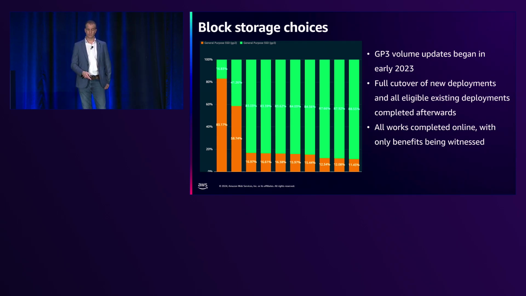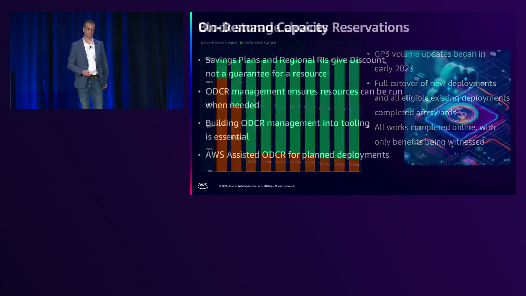And like I say, since you can change this online, this really is quite a no-brainer. I'll point out that since this picture was created, we have now closed that down to about 2% remaining, so about 98% fleet.